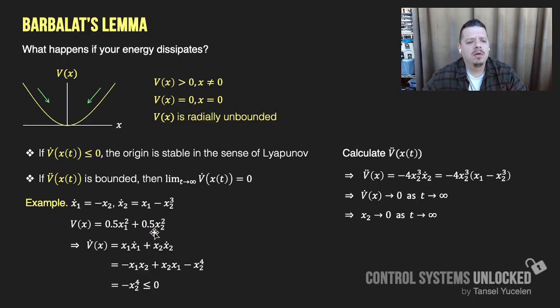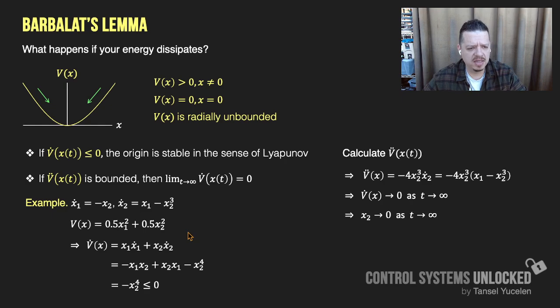But let's say we can do more. And how can we do more? We shouldn't give up. Boundedness of x1 and x2, well, they are maybe bounded, but maybe x1 or x2 might go to zero.